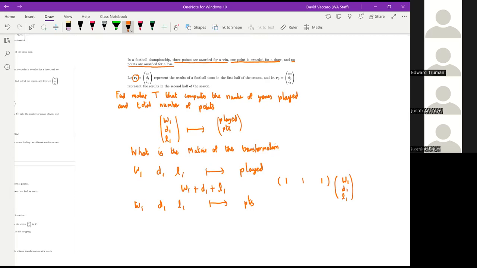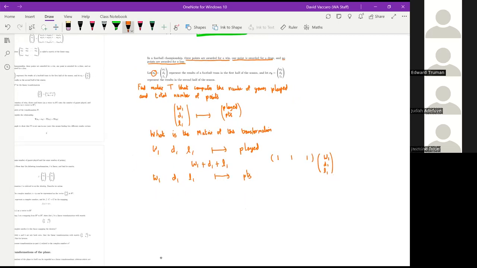That row vector. And to convert to the number of points, because we get 3 points for a win, 1 point for a draw, and 0 points for a loss, the conversion numbers would be 3, then 1, then 0.